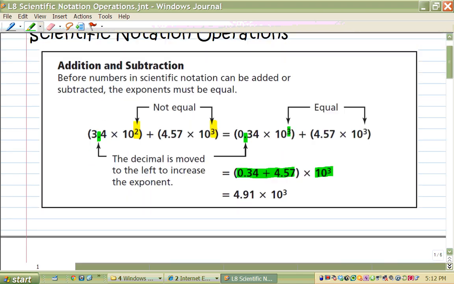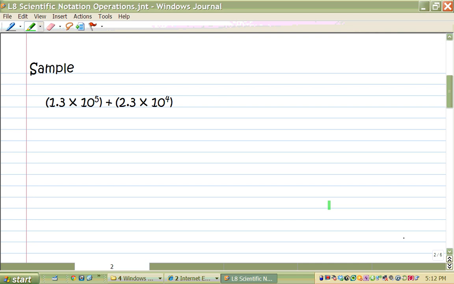Let's try some samples. Here I have 1.3 times 10 to the fifth plus 2.3 times 10 to the fourth. What I'm going to do first is take this fifth and decrease it to the fourth. The way that I do that is I'm going to take this decimal and move it to the right so that the exponent decreases by 1.